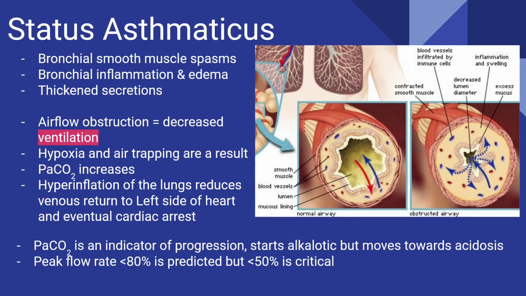So what we can check is a peak flow rate. We can have the patient breathe through a little device, or if they're already intubated, we can check how much flow rate is coming out on exhalation maximally that the patient is able to produce, and we would expect that to be less than 80%. Now anything less than 50 is very critical, and if they're not intubated, they definitely should be.